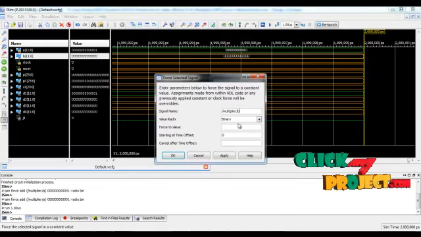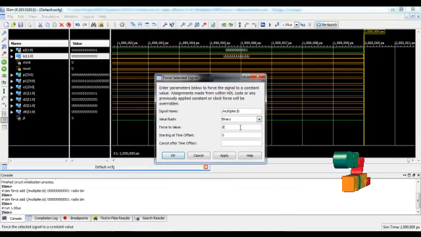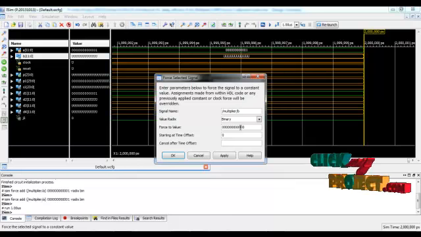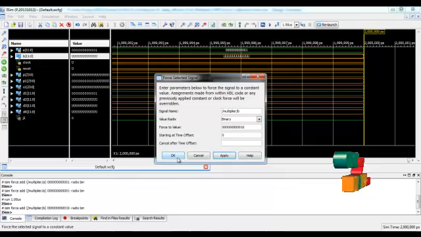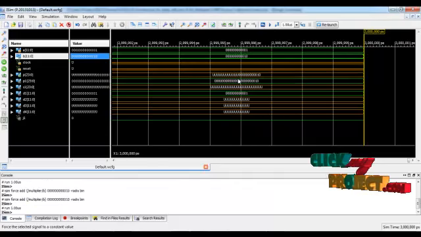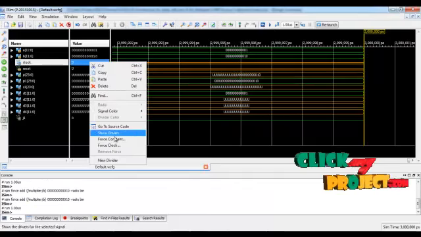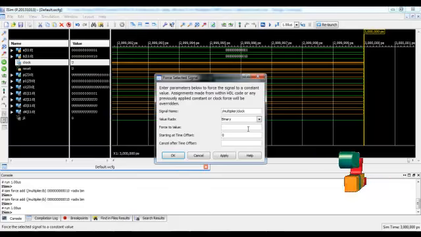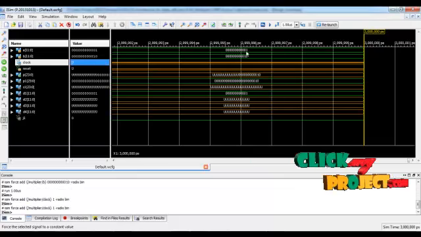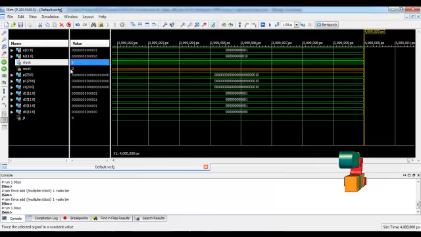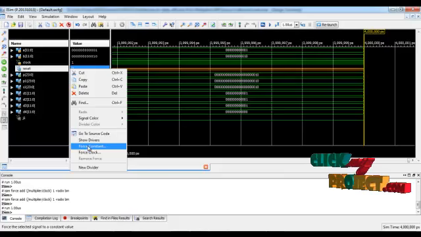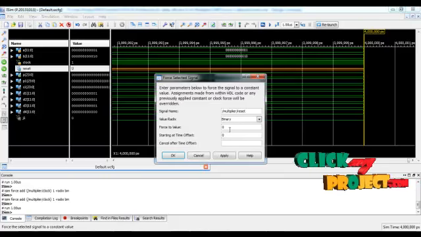After this, values, and then the clock set: based on 0 is off, and 1 is on. So clock set on. And then reset based on 0.